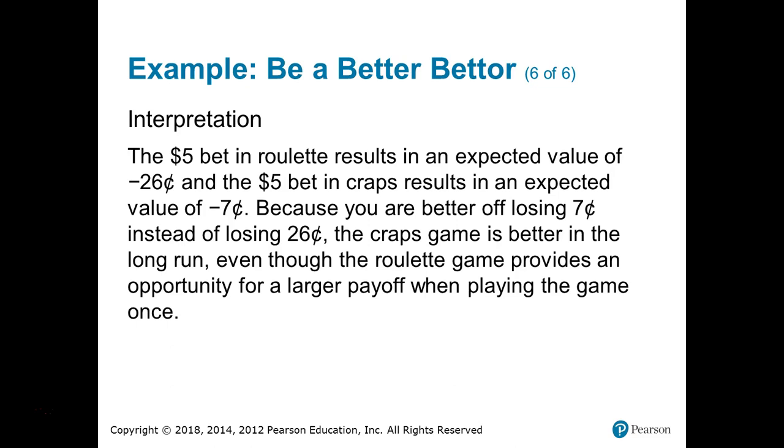So the $5 bet in roulette results in an expected value of negative 26 cents, and the $5 bet in craps results in an expected value of negative 7 cents. The interpretation is that because you are better off losing 7 cents instead of 26 cents, craps is better in the long run, even though roulette provides a better opportunity for a larger payout.